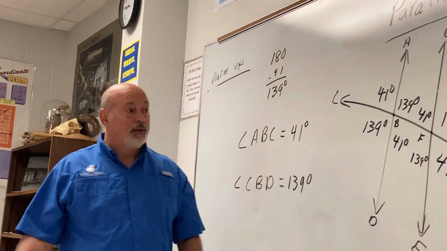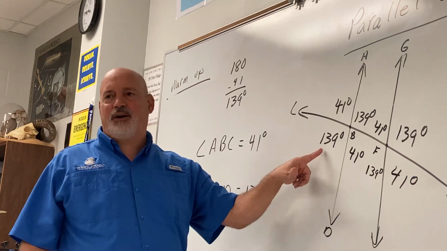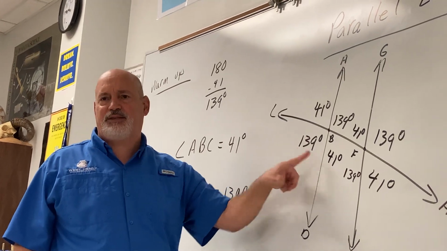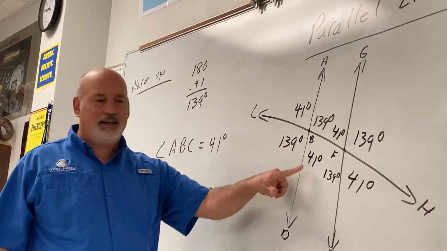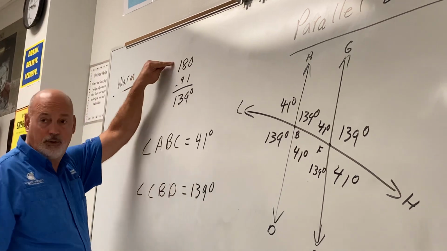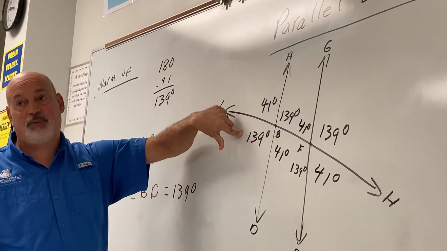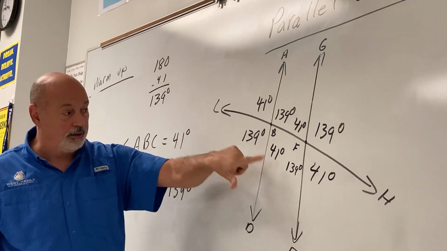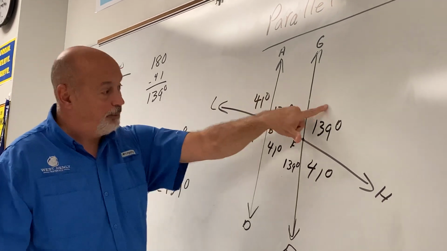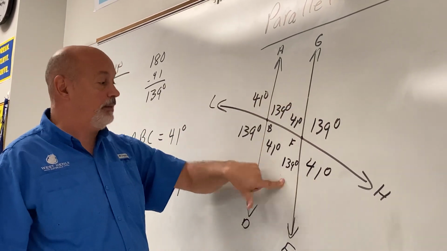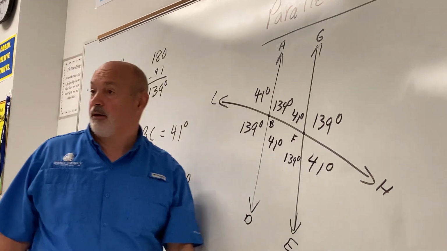Two bigs will never be next to each other. The big and the little add up to 180. If I've got a little one here, that's got to be the big one there. Are you with me? Okay.